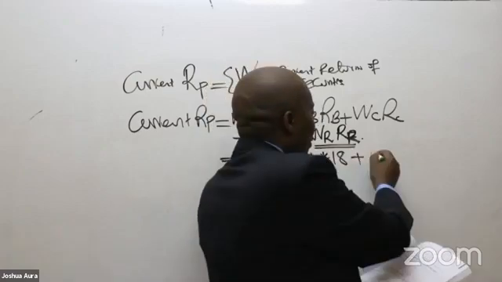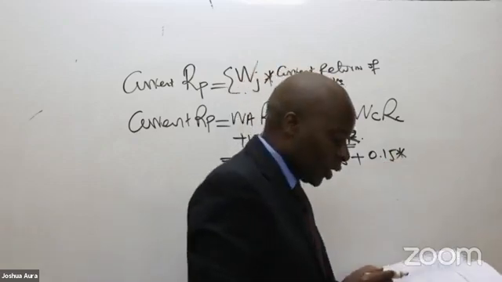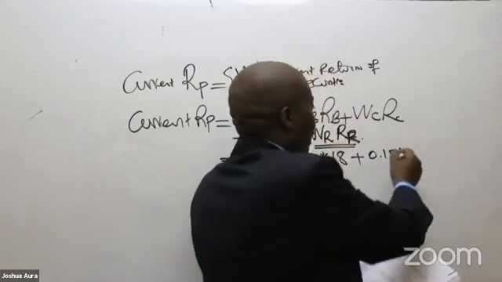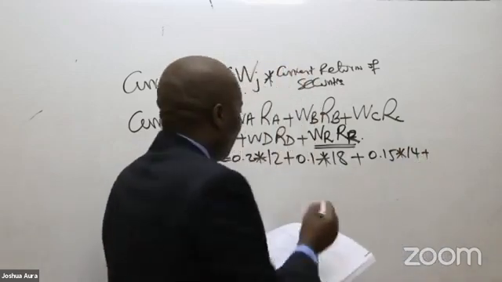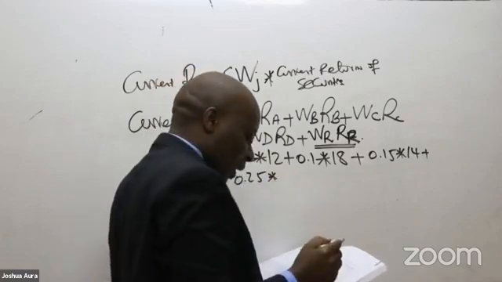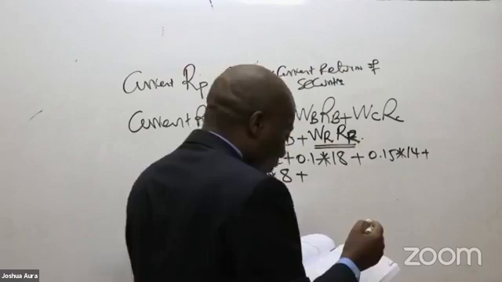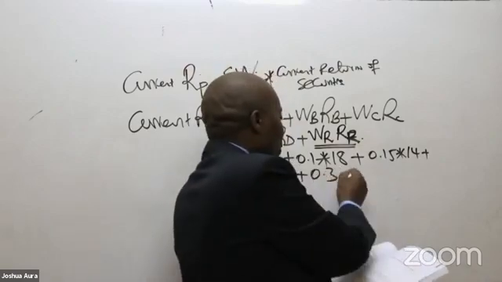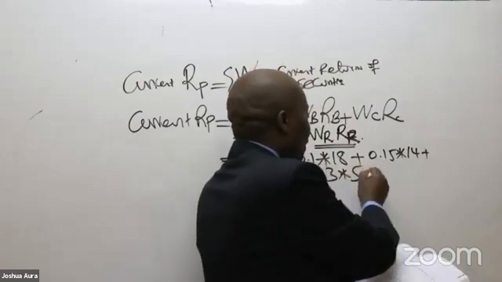Plus we have here 0.15, times 14. Plus 0.25, times 8. Plus lastly, we have the risk-free asset whose weight is 0.3 times the risk-free rate of return, which I can see there is 5.